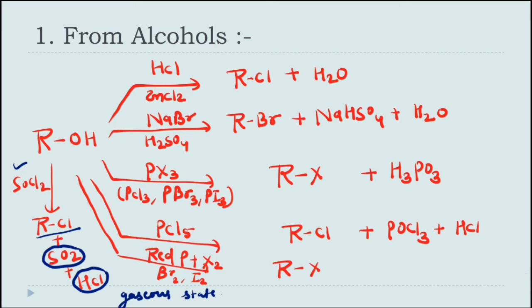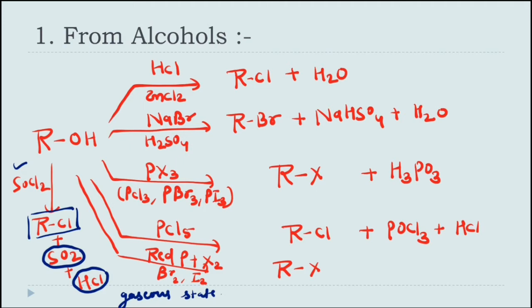They will be automatically separated from the reaction mixture and we will get the pure haloalkanes. Okay, so why is this reaction special or important? Because in this reaction the side products are in the gaseous state, so we get the maximum amount of the desired product. Okay, so this is the method of preparation from alcohols.